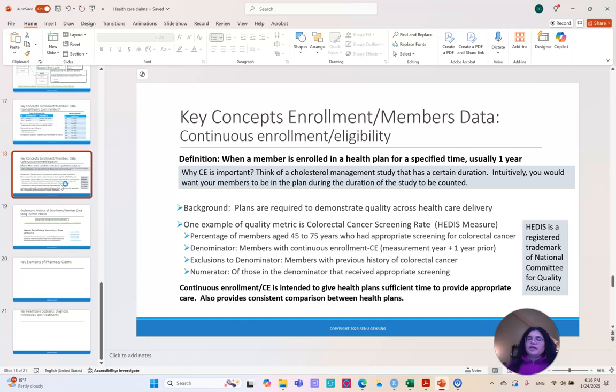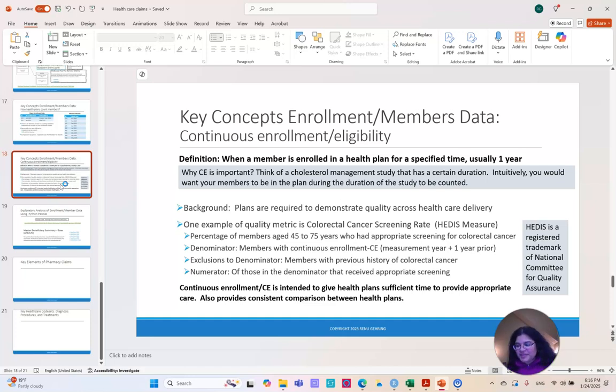The way this measure is defined is that you look at the current year, the measurement year, and you look at 1 year prior. So the continuous eligibility or enrollment requirement is that they be continuously eligible for the measurement year and the prior year, but a gap of 45 days is allowed.